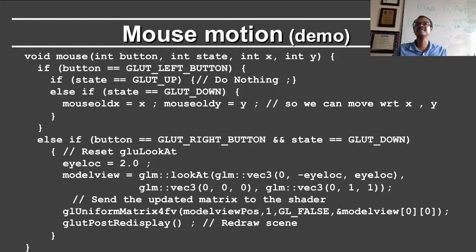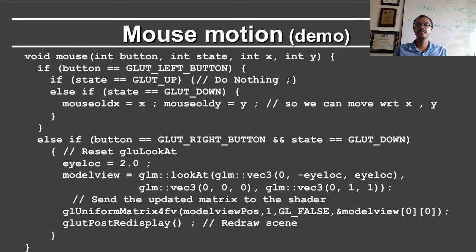Thereafter, you send this matrix to the shader. Just as we sent the projection matrix earlier, you put the matrix in the location modelViewPos. You're sending only one value, you're not transposing, and you give it the first value in the matrix, which is the pointer to the model view matrix. Finally, you will redraw the scene.